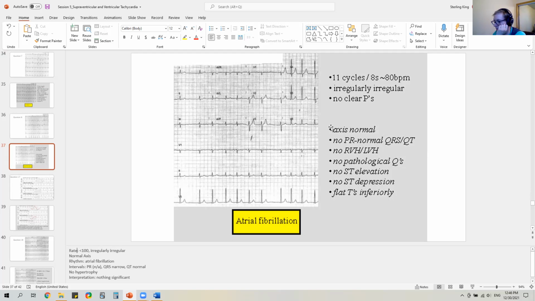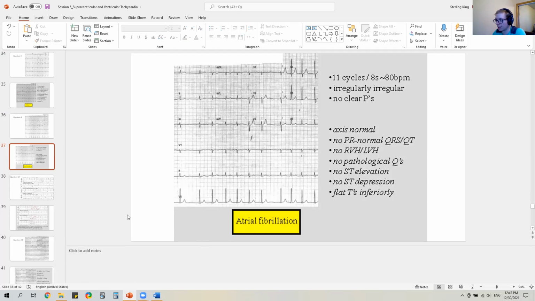No clear P's, yeah, we were talking about that. Normal axis, bingo. No PR, but there's a normal QRS, normal QT. No hypertrophy, got it. No pathological Qs, yeah. No ST elevation or depression. Flat T's inferiorly. So we said nothing especially significant in our interpretation, and it looks that way aside from AFib.